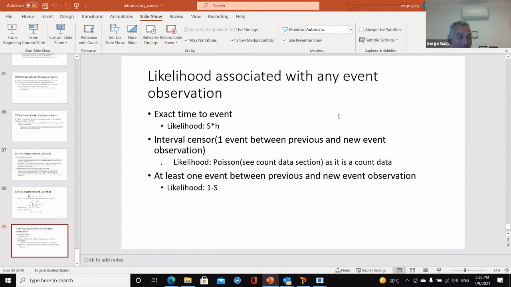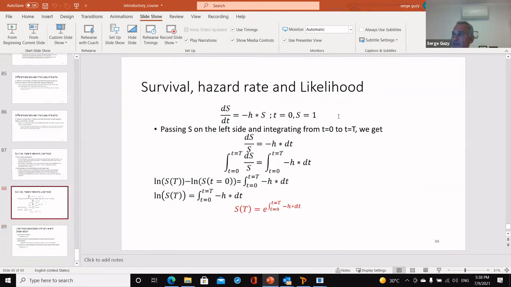Maybe what he's talking about is a time effect that can affect the probability of getting an event. When I was talking about the hazard rate, the hazard rate can include either a drug effect or sometimes also a time effect.